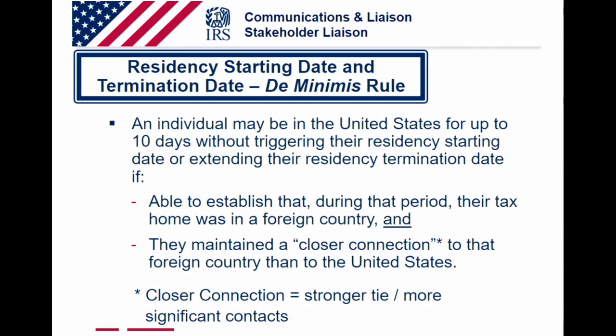However, under what is known as the de minimis rule, an individual may be in the United States for up to 10 days without triggering the residency start date or extending the residency termination date, if the individual is able to establish that during that period, their tax home was in a foreign country and they maintained a closer connection to that foreign country than to the United States.